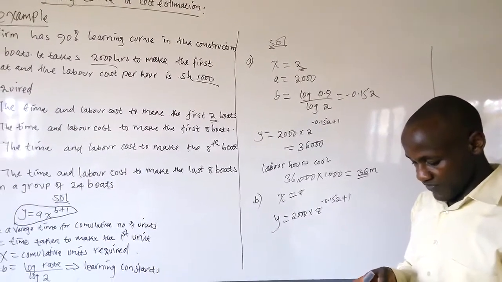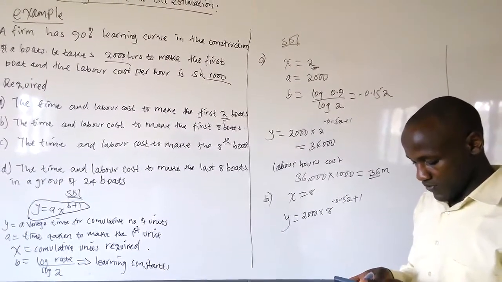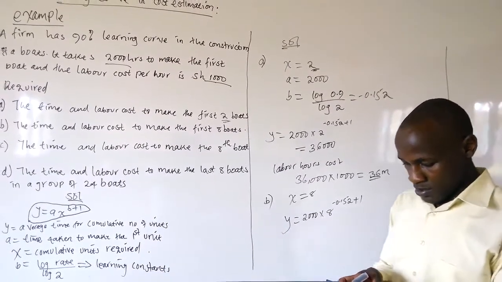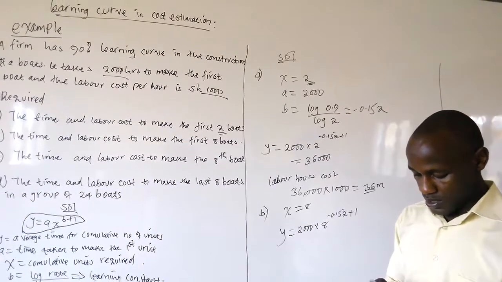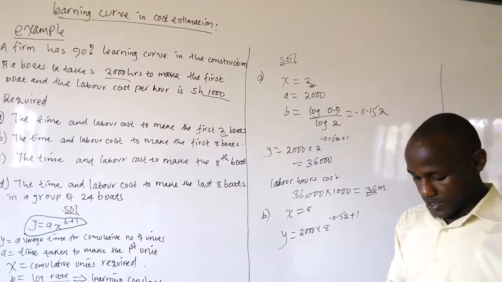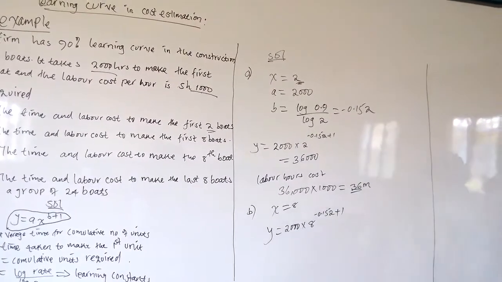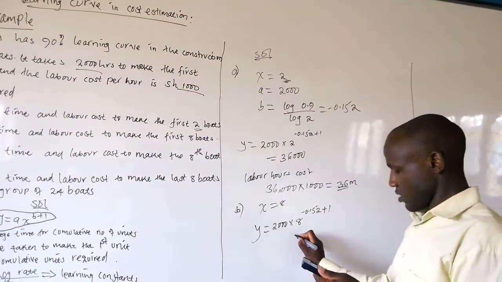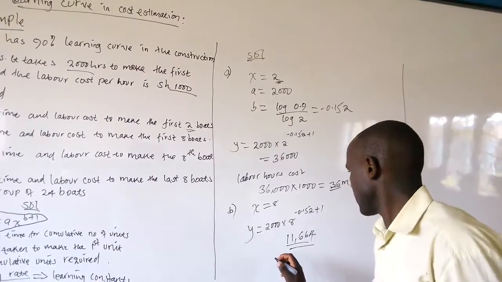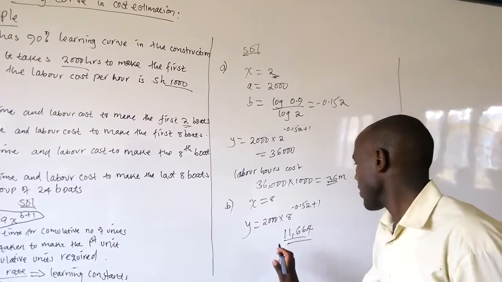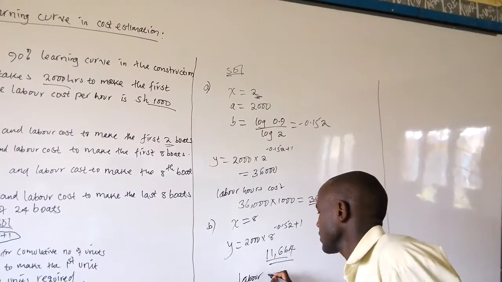This gives us 11,664, and then we get our labor cost.